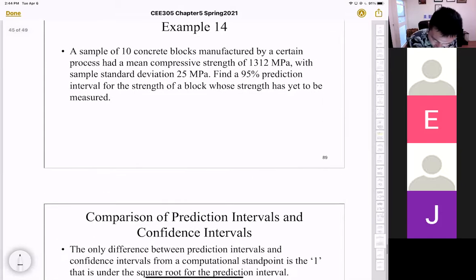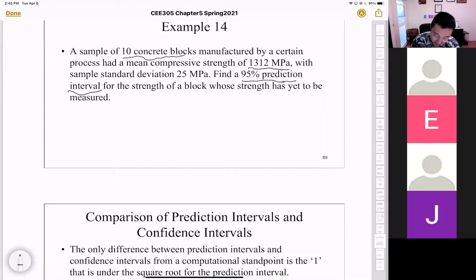Here is one example. A 95% prediction interval, also coming from chapter 5, for the strength of a block whose strength has yet to be measured. So that's for a future value. We have a sample of 10 concrete blocks manufactured by a certain process, with a mean compressive strength of 1312 megapascal.